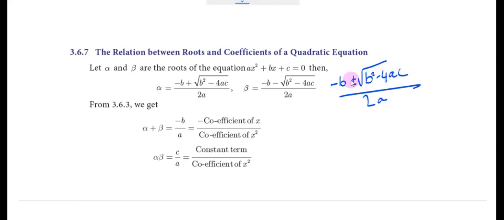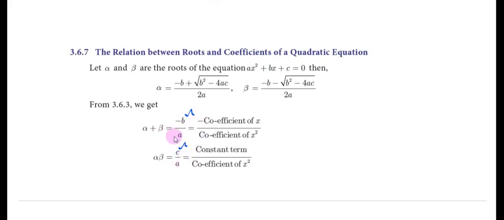Plus we may take as alpha and minus we may take as beta. So alpha and beta are the roots of the equation. Now alpha plus beta, we may take it as a formula: alpha plus beta equal to minus b by a, alpha beta equal to c by a. I repeat, alpha plus beta equal to minus b by a, alpha beta equal to c by a.